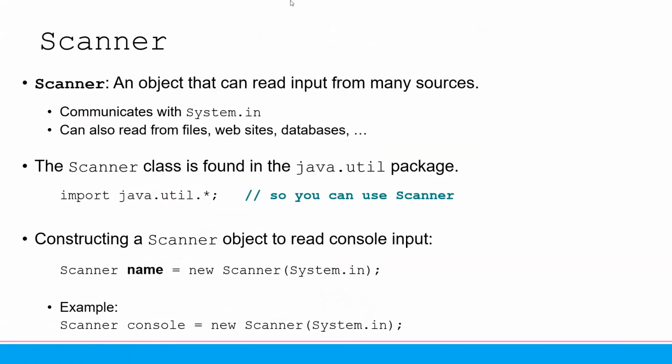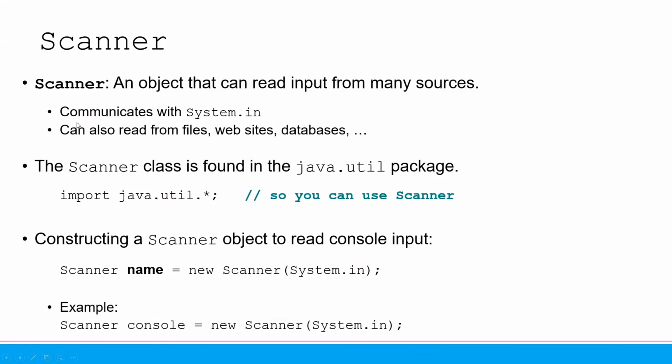So the Scanner is an object that can read input from many sources. For today, we are just using the keyboard. Actually, if you want to use another kind of input like devices, you can also use the class Scanner.